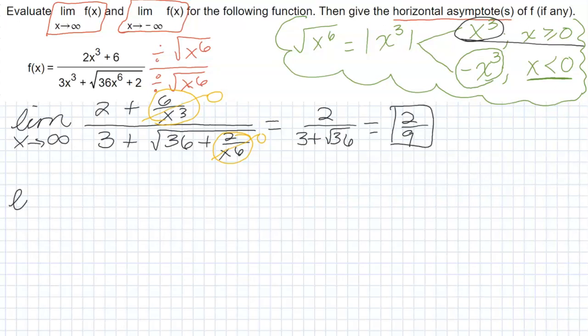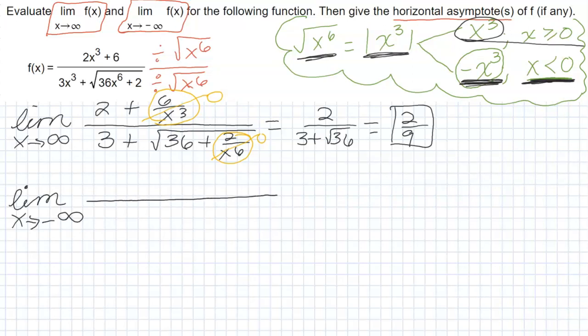However, we really have to be careful when we are taking the limit as x goes to negative infinity. When x is going to negative infinity, we are talking about a negative number. So that square root of x to the 6 is the absolute value of x, which is the opposite of x to the third to denote a positive value. So when we are making that division, we are saying this is negative.